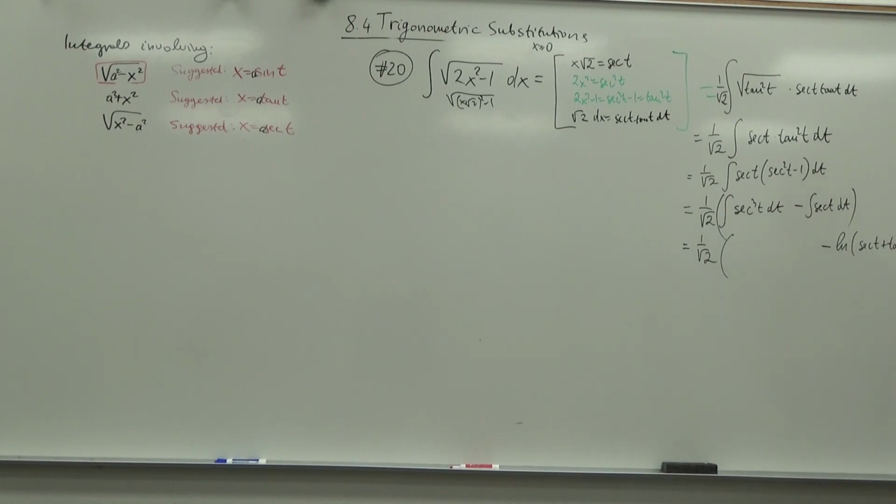That's in the table, so we recall from the table that the integral of secant t dt is ln of secant t plus tan t. So that's one of the integrals from the table. It should be memorized. So that was clean.